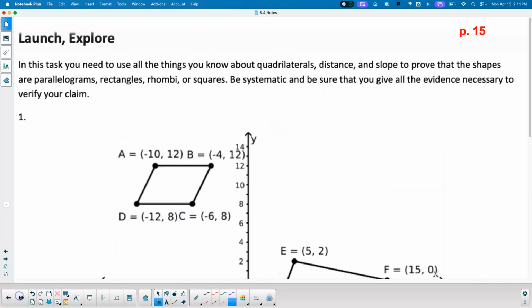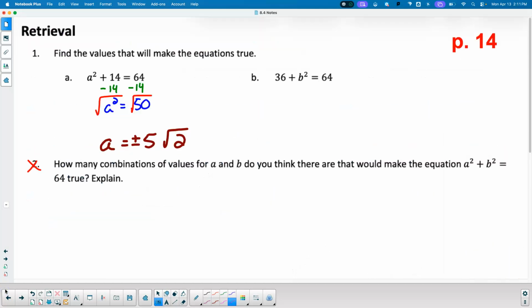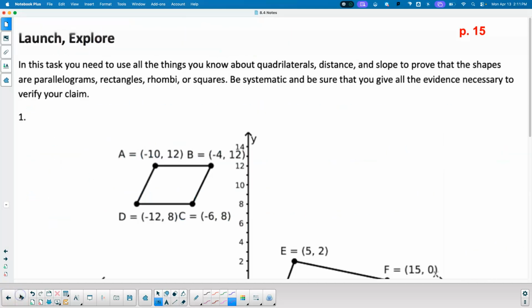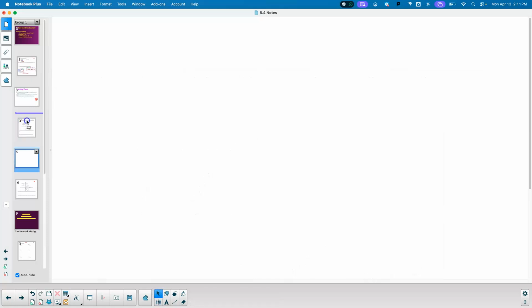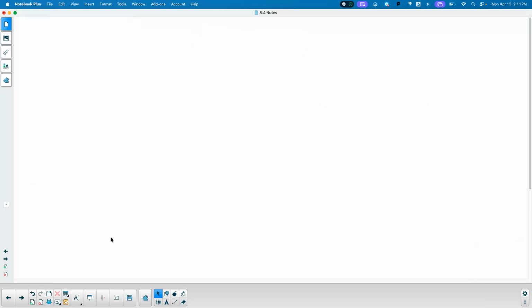So, today, what we're going to be doing is determining if a quadrilateral is a specific one.